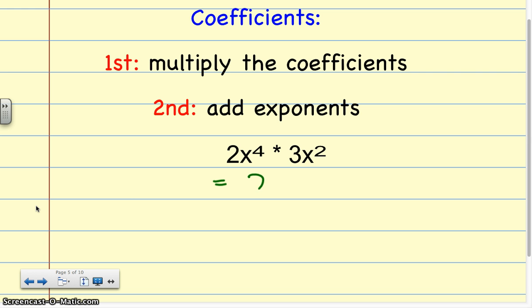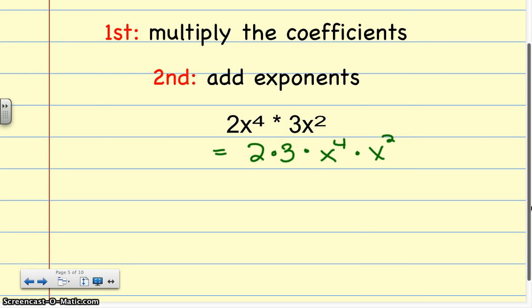This would turn into 2 times 3 times x to the 4 times x squared. Now I wouldn't expect you to show your work like that. I'm just showing you really generic what this turns into. I can do this because multiplication is commutative, so I can flip things around, which turns into 6 times x to the 4 plus 2, since they are the same base, and I'm multiplying, which is 6 times x to the 6th power.